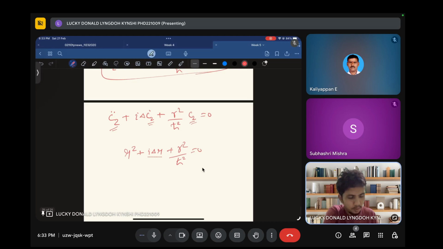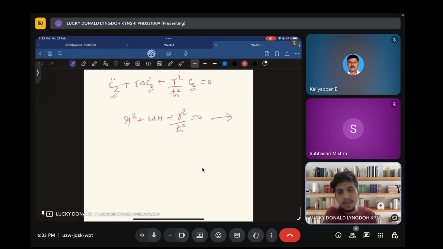You can look at this in any mathematics book on differential equations. It's a simple second order differential equation, and your r is simply minus i delta plus minus root of b square minus 4ac, 4 gamma square by h cross square, by 2a. That means 2a is equal to 1.